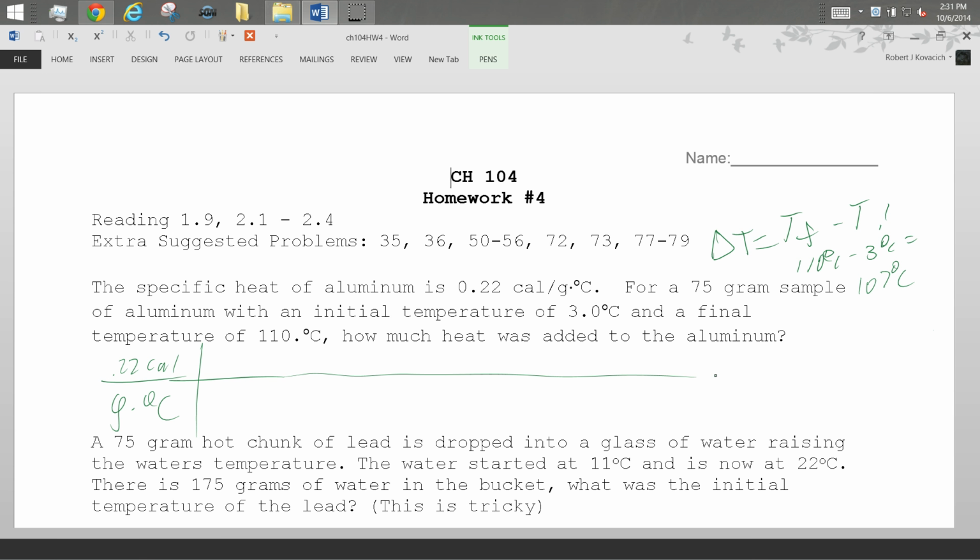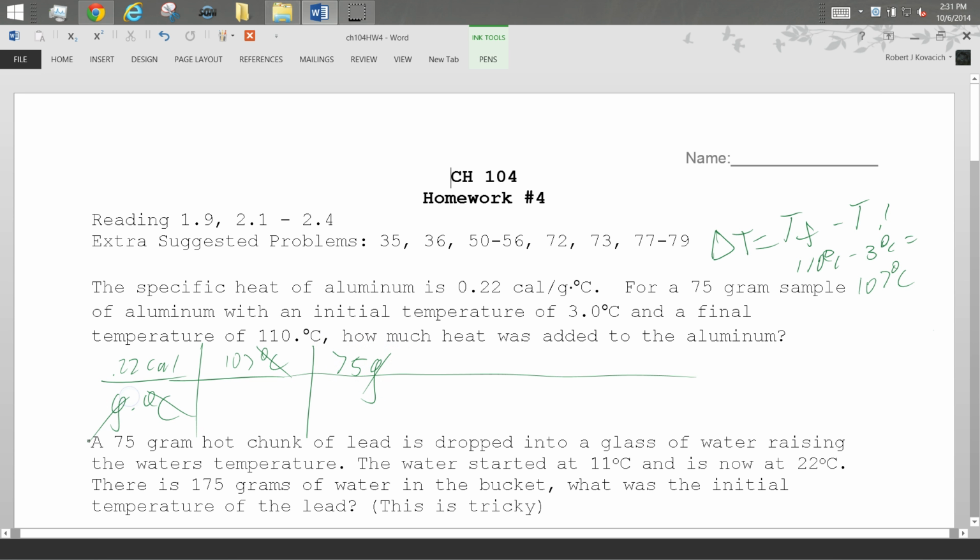So why am I going to write this 107 here? This one on the bottom gets canceled out with this one on the top. Now I only need to get rid of that grams number, and the grams number we've got is 75. So I'm going to take 75 grams here, and cancel that out right there. And the only unit I've got left is calories.